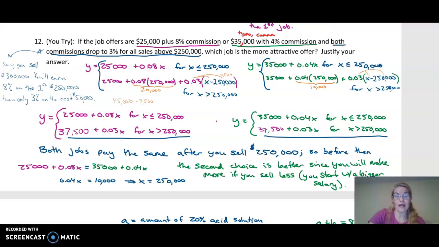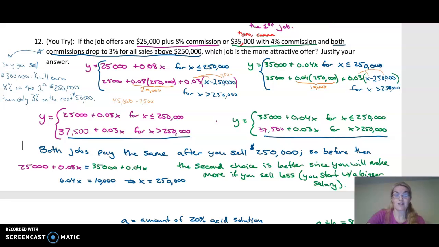They already paid you 8% on the first 250, so instead they're going to pay you 3% on the rest of your sales, which in this case would be just 50,000 more. How did I get that? I did X minus 250,000. See that? So that's what we have.